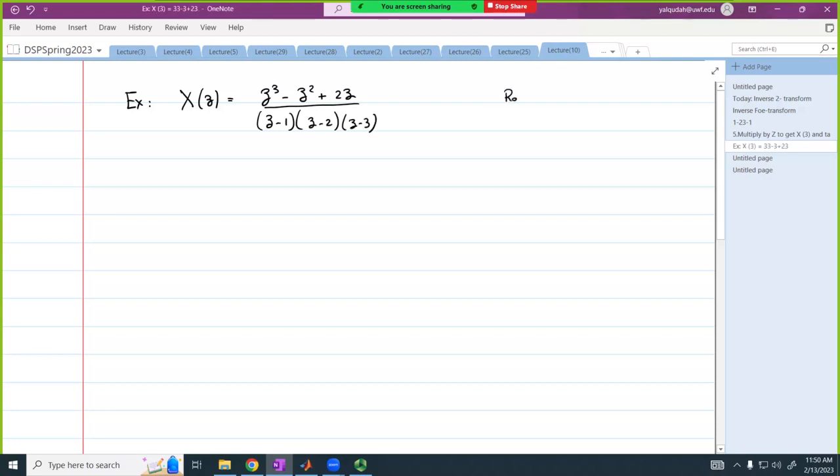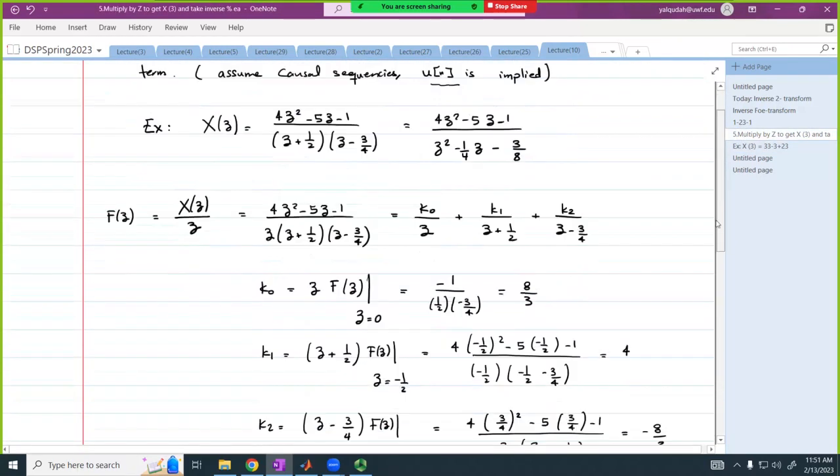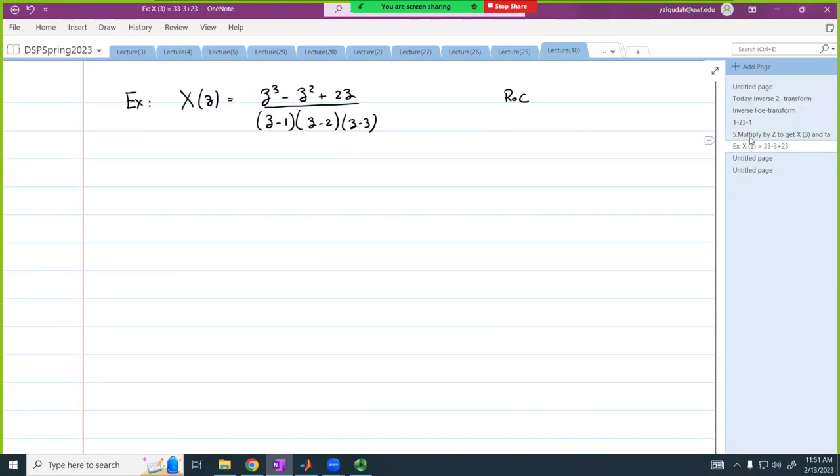And we are given, so here, because the region of convergence was not specified, we assume the sequence is causal. However, here we're specifying the region of convergence, which is z between 2 and 3.